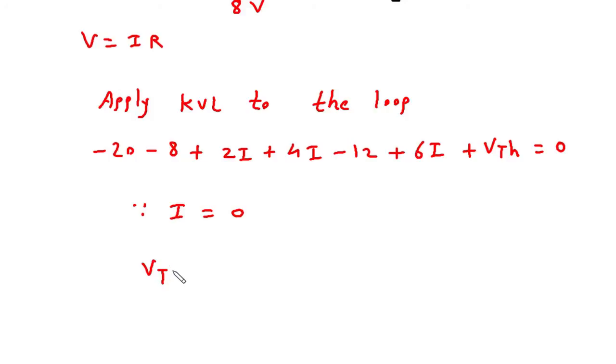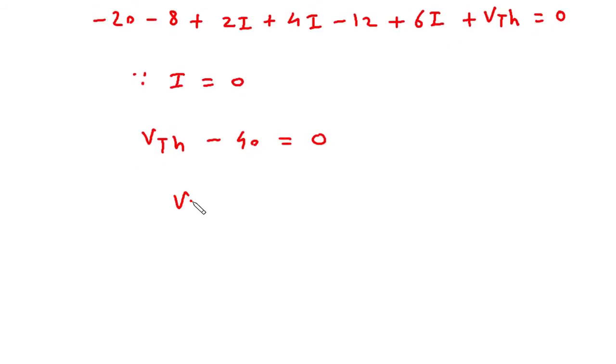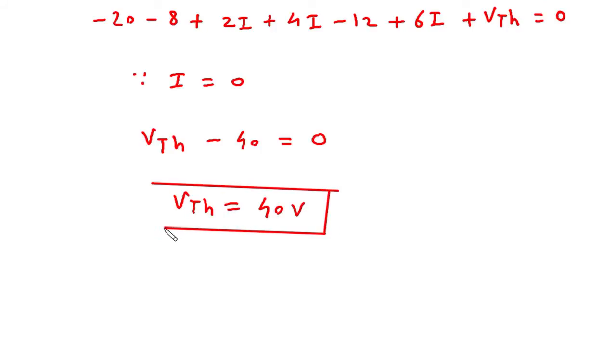So VTH minus 40 is equal to 0. Therefore VTH is equal to 40 volt: minus 20, minus 8, then minus 12.